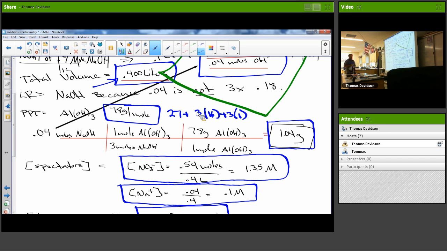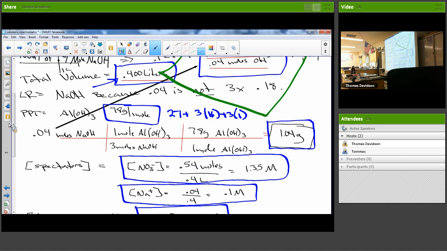Aluminum's 27, oxygen is 16, hydrogen is 1. There was 1 Al, 3 oxygens, 3 hydrogens. I add that up and I got 78. And I rounded. I did everything until here in my head, so there's no way I was going to do any decimal in my head.